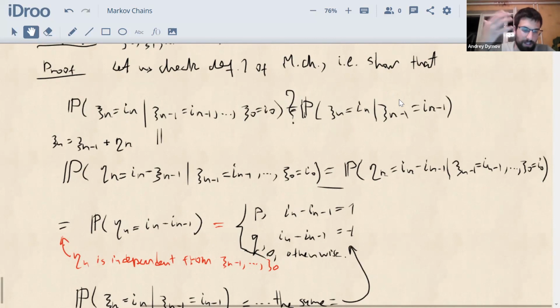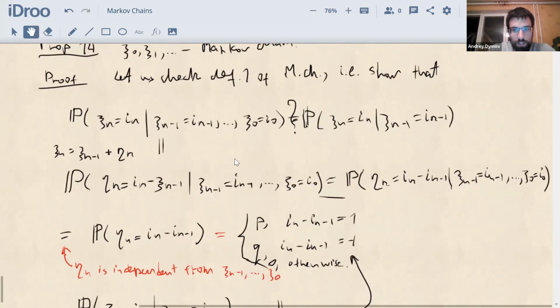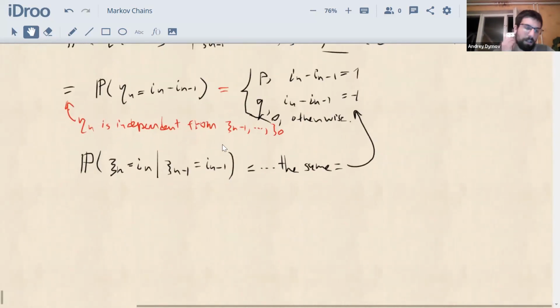But since the transition probabilities weren't specified, it means that we have proven the definition. I mean, we have proven that our sequence is a Markov chain. Okay, is it clear or not?